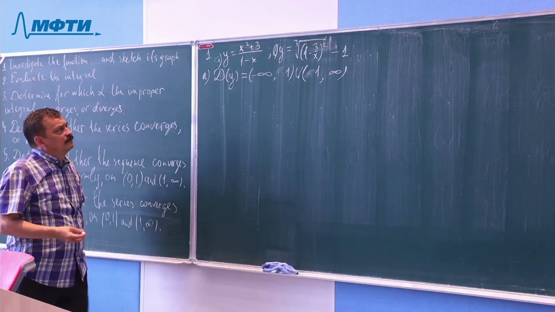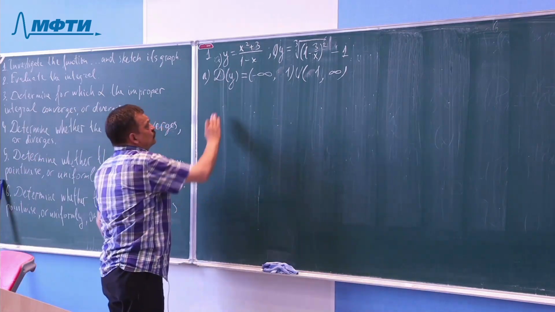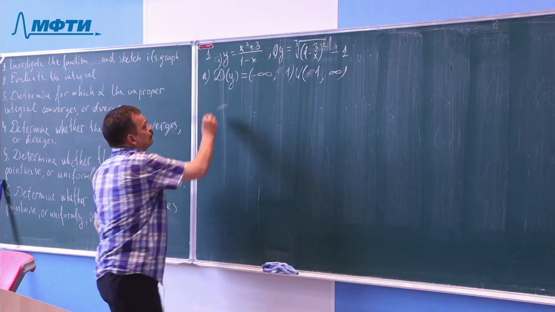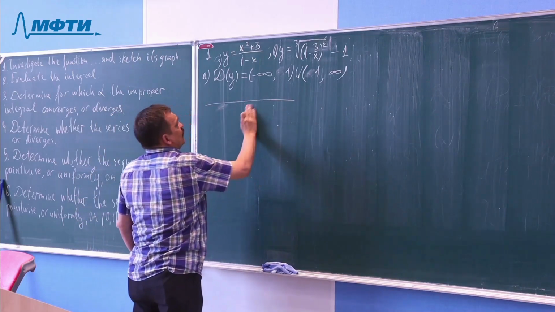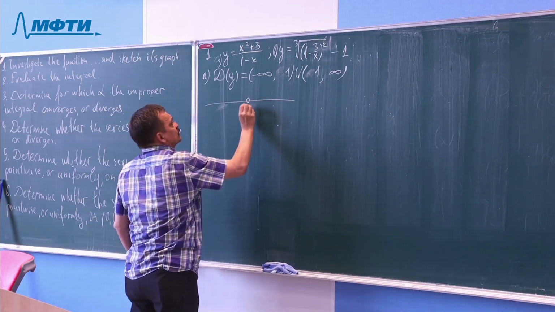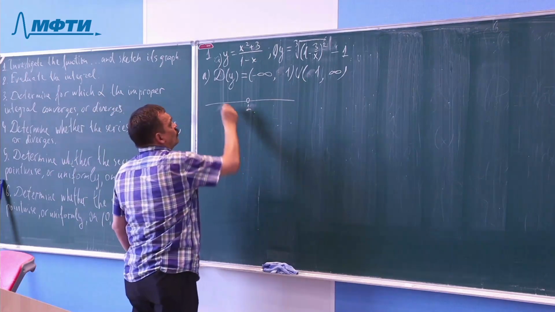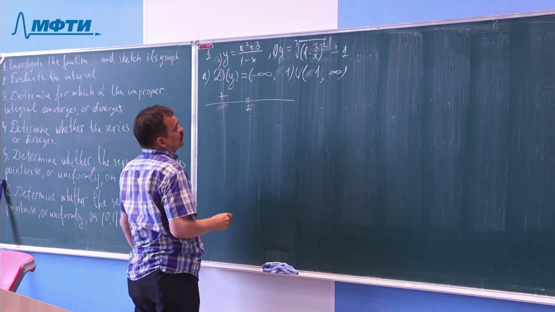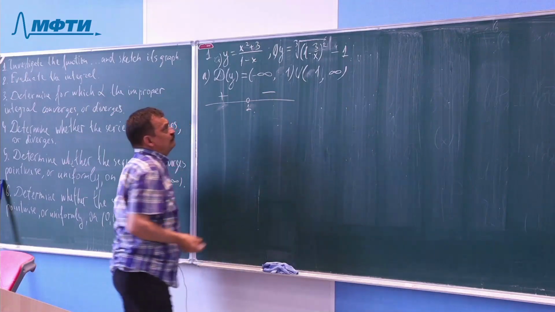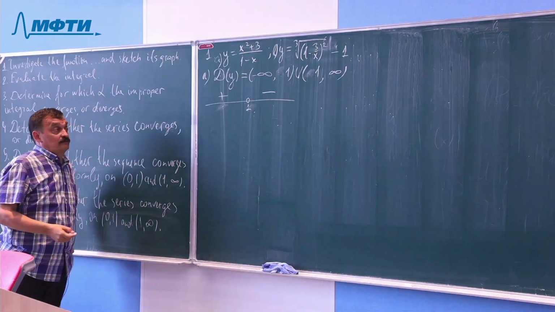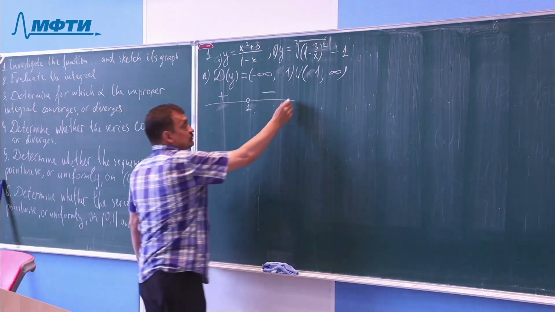And we can determine intervals of constant sign. Here, obviously, we have positive sign for x less than 1 and negative for x greater than 1.